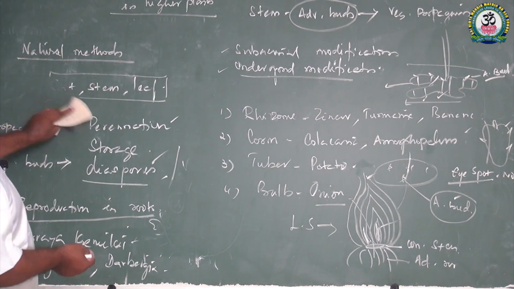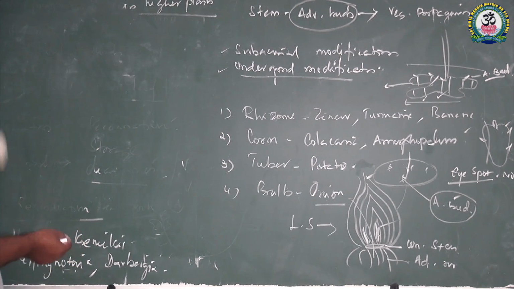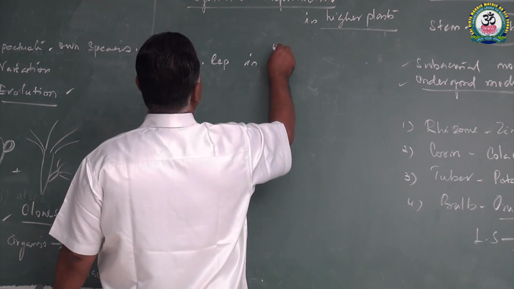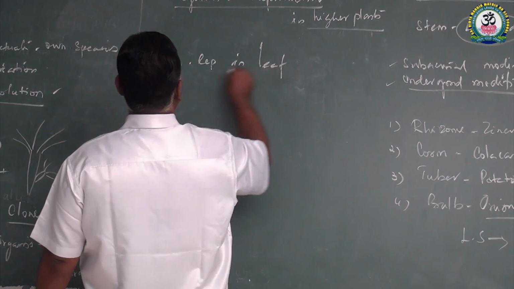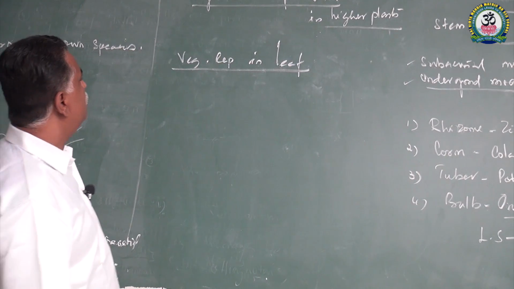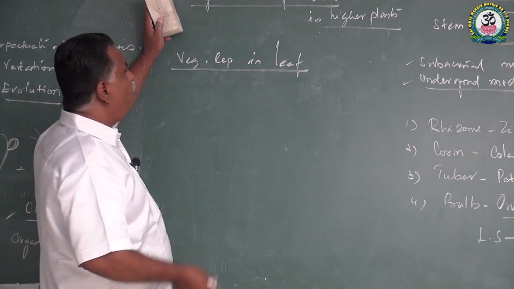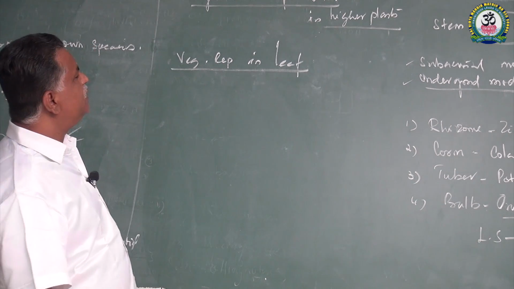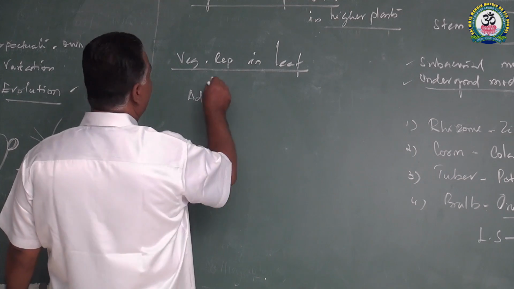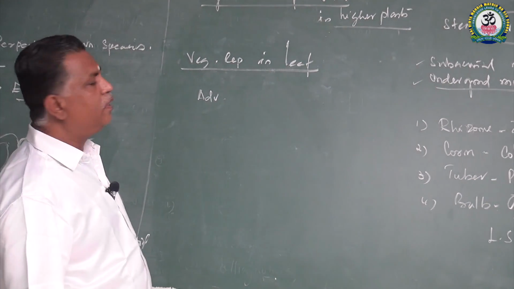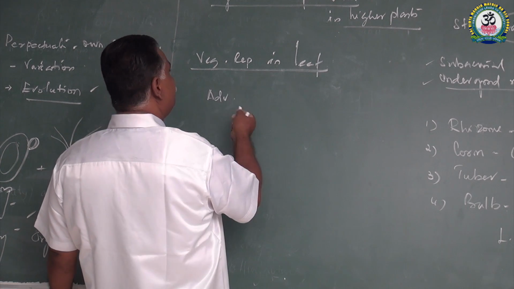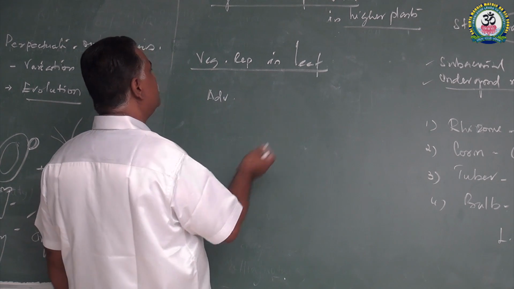The next is vegetative reproduction in leaf. How is vegetative reproduction possible with the help of a leaf? Any adventitious buds, as we have already talked, any adventitious or special buds produced from the leaf, stem or root can propagate.